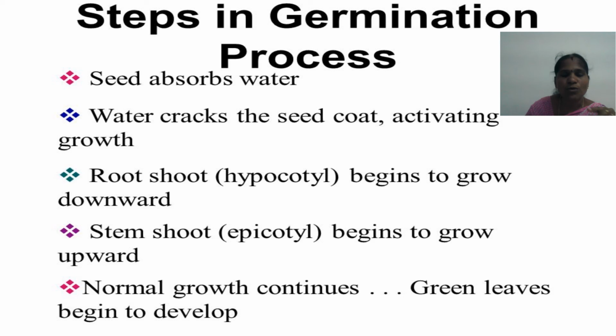After that it will grow upwards, and the root will form downwards. Normal, general growth will continue. Green leaves begin to develop and prepare food for the plant. Until then, the food is stored in the seed itself. The food that is in the seed will be utilized for this germination process.